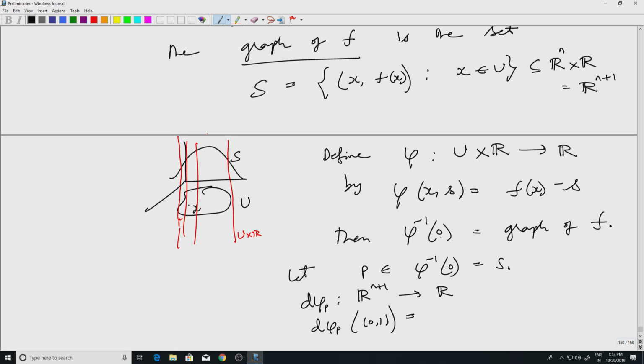In order to calculate this, I'll take a curve passing through the point P in the direction (0, 1), compose it with phi and calculate the derivative. So this is d by dt of phi of P plus t times (0, 1), evaluated at t equals 0.